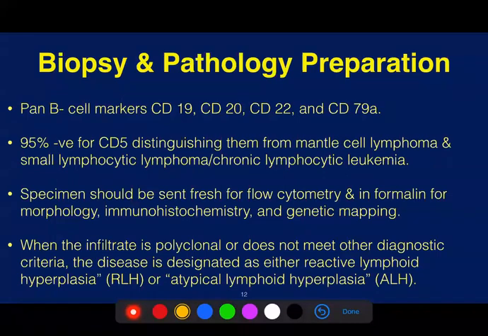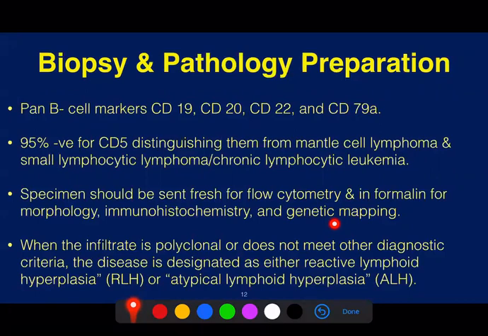So mainly you need a fresh one for flow cytometry, and you need another for immunohistochemistry and genetic mapping. So usually I debulk safely and prepare a fresh specimen as well as formalin. This is the routine.